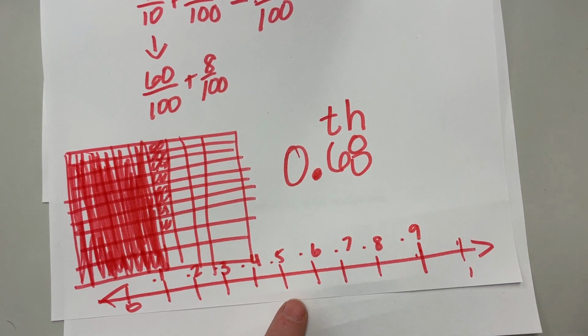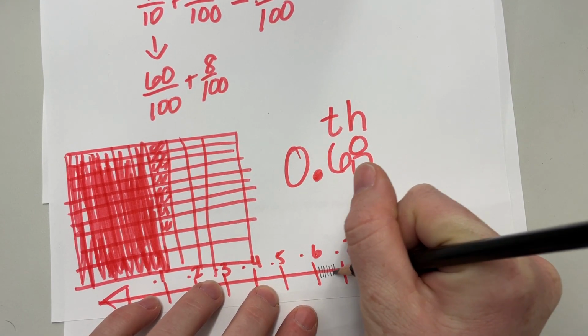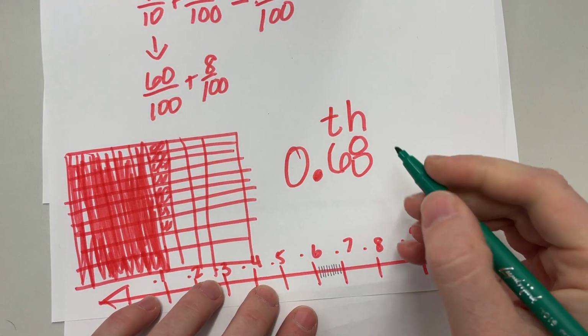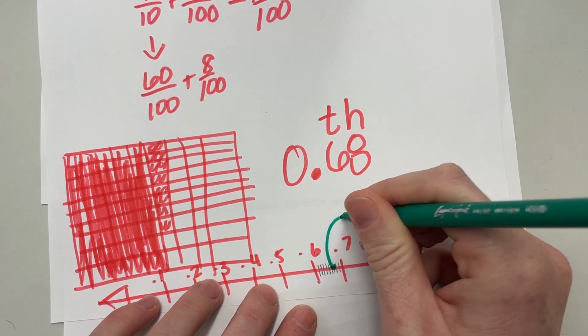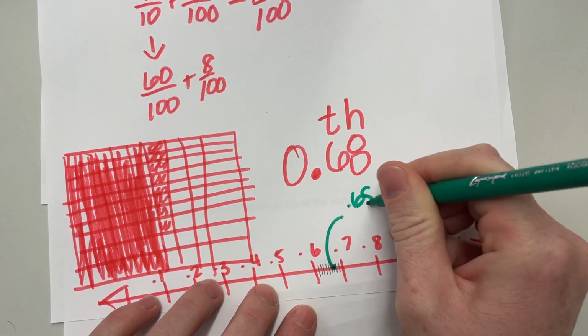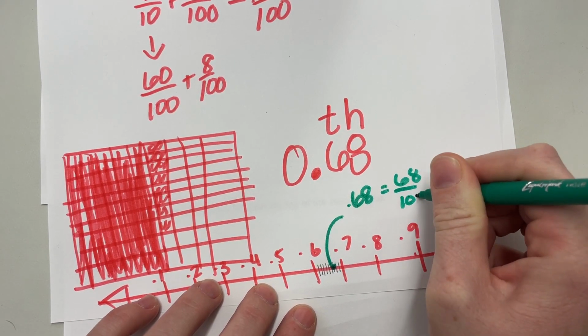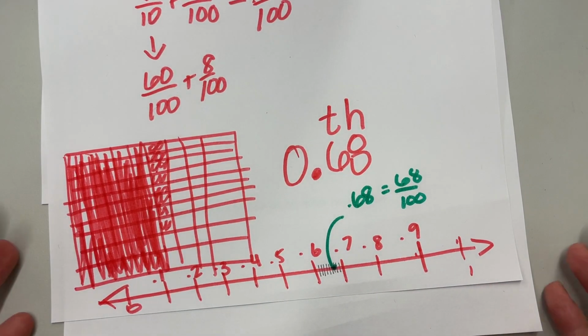In between 6 and 7, 1, 2, 3, 4, 5, 6, 7, 8, 9. Right here, and I'm going to use the green again to make it stand out. Right there, that is my 68 hundredths, or 68/100. Okay, and we are done with that problem.